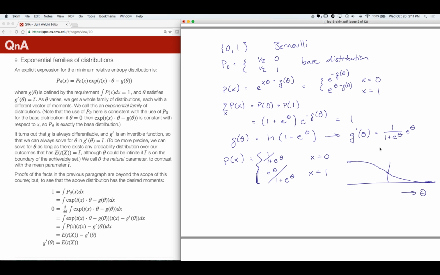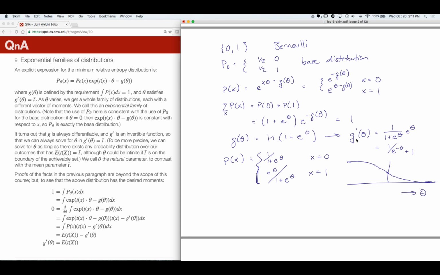Then I'm going to multiply the numerator and the denominator by e to the minus theta. So I will get e to the theta times e to the minus theta is 1, over e to the minus theta plus 1, so 1 over 1 plus e to the minus theta.